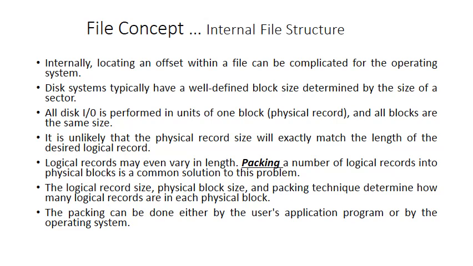We all have studied that the disks are divided into a number of sectors, a number of tracks, and then the cylinders. So in disk systems, everything is well defined. All the disk input output is performed in units of one block, that is one physical record, and all the blocks are of the same size.